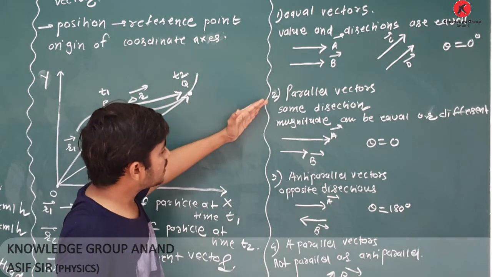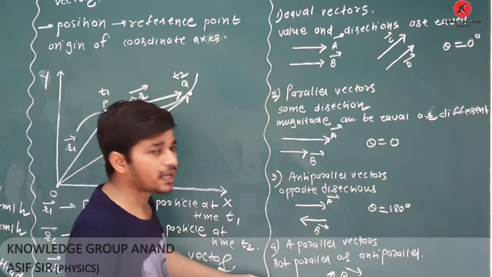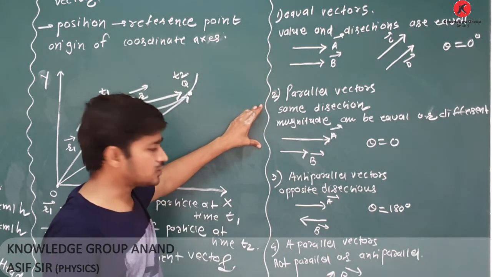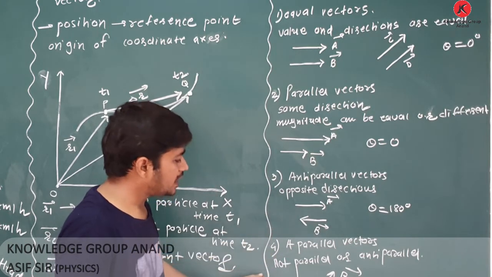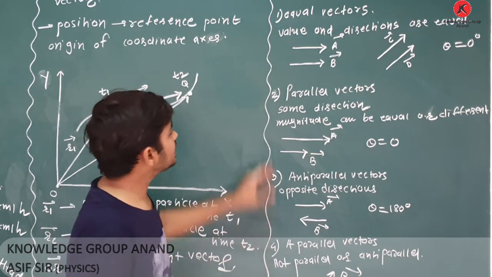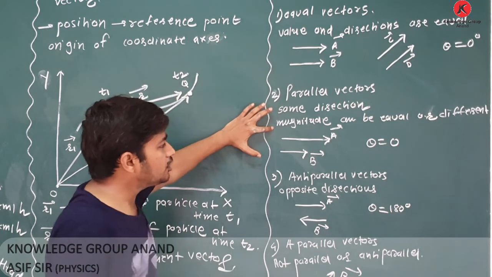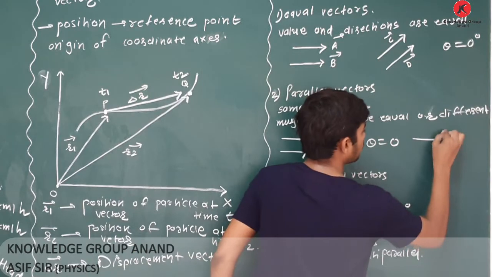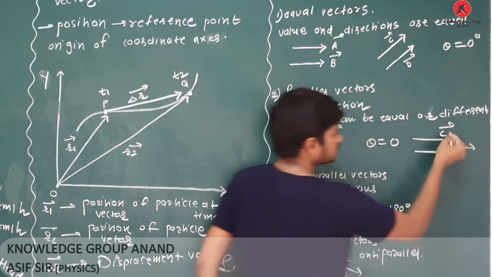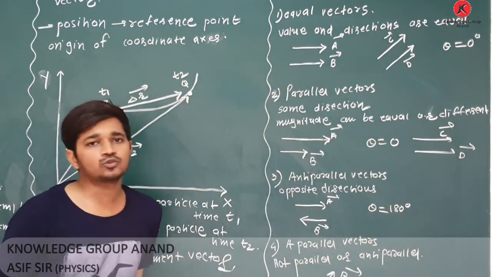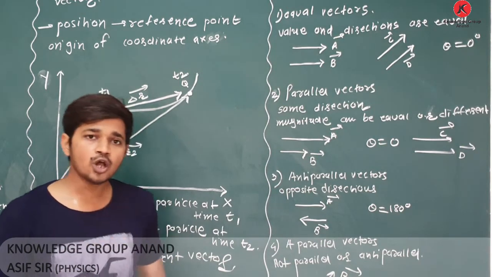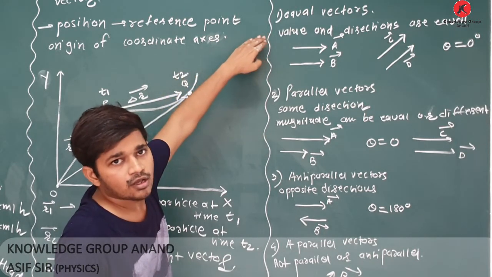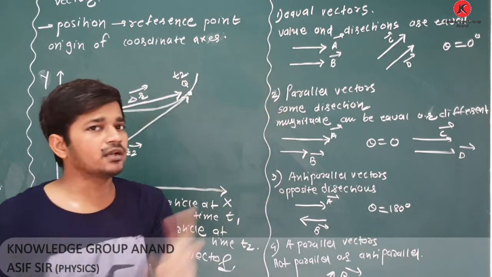Equal vectors: value and direction both are equal. Parallel vectors: only direction is equal. Anti-parallel: direction opposite. Aparallel: not parallel or anti-parallel. In parallel vectors, magnitude can be equal or different. So if I draw two vectors C and D like this, these are called parallel vectors also. So we can say all equal vectors are parallel vectors, but not all parallel vectors are equal vectors.